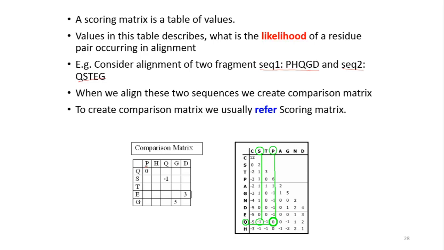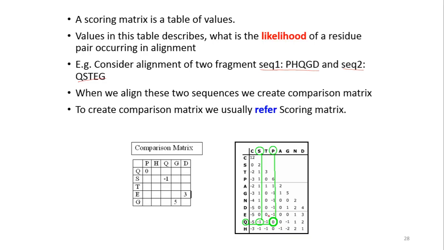Well, the procedure is quite simple. In the empty comparison matrix that you have generated, each and every position or box represents the alignment of one residue with another residue. So this box represents the alignment of P with Q. In order to fill this box, you would refer to your scoring matrix.